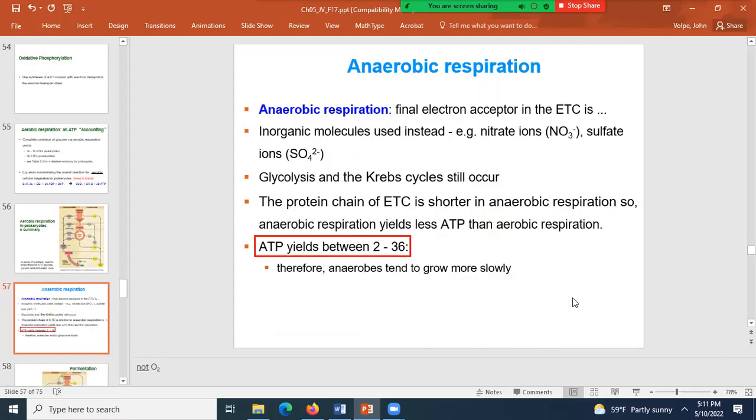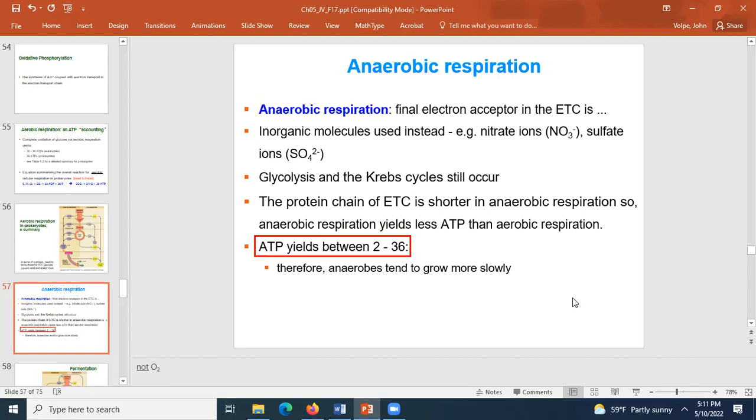All right, so we talked about aerobic respiration. It is the most efficient way to make ATP. But you have to have oxygen around to use aerobic respiration. There are other organisms that use anaerobic respiration, where the final electron acceptor is not oxygen.